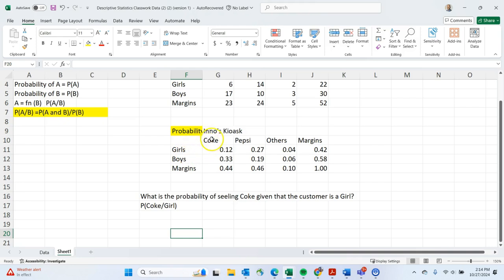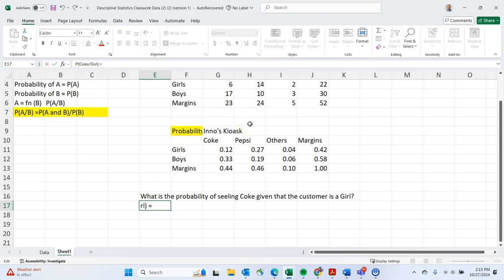People may think because we have Coke and girls here, then the probability will be 0.12, and that is not true. It is not true because we need to consider this formula. Let me add to this.